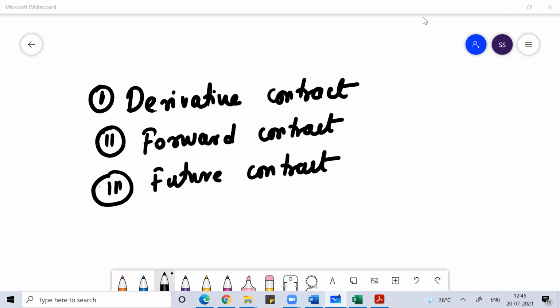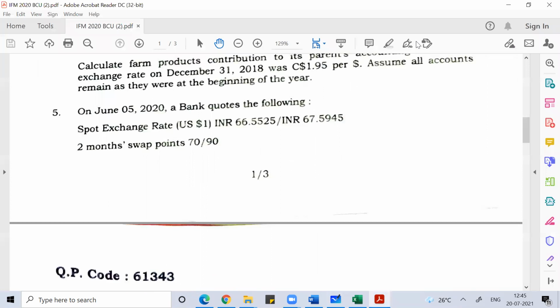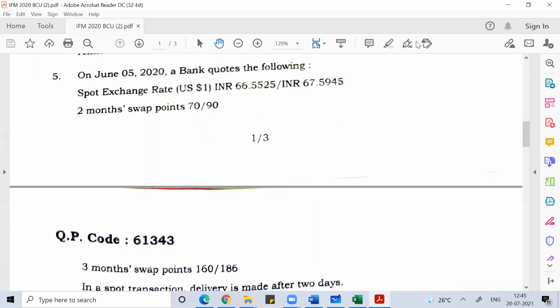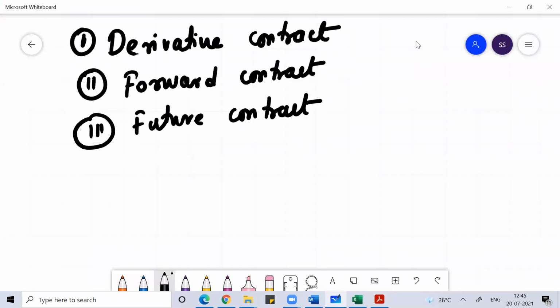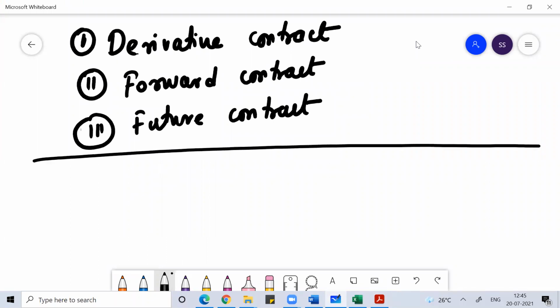Normally, when traders transact in currencies, they transact on something called outright quotes. So you see outright quotes, you see exchange rates.